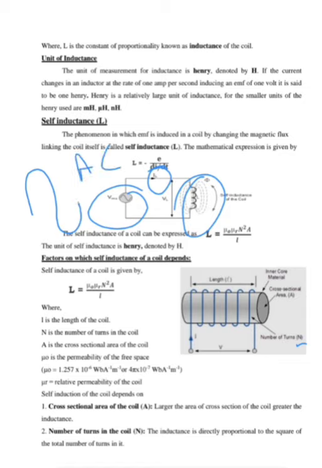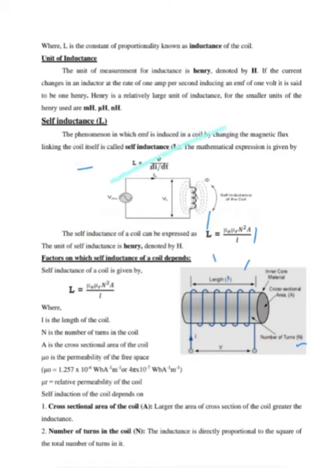Since the current is continuously changing, the magnetic lines of force will also be changing. Since these magnetic lines of force, which is also called magnetic flux, is changing, the magnetic flux linking with the coil is changing, and EMF will be induced, and this phenomenon is called self-inductance, which is denoted by the letter L. So L is equal to minus E divided by di by dt.